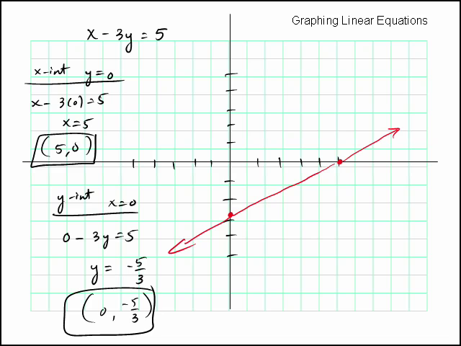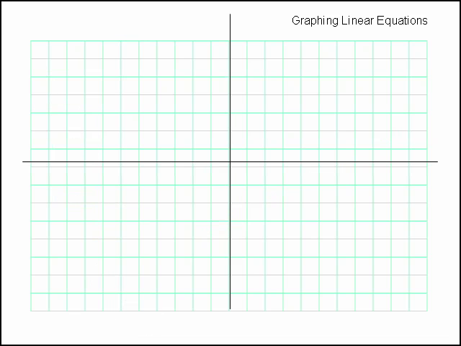Let's try another. 3x minus y equals 0. Okay, let's find the x-intercept. To find the x-intercept, we of course set y to 0 as we've done the last couple times here. If I make y 0, I get 3x minus 0 equals 0.